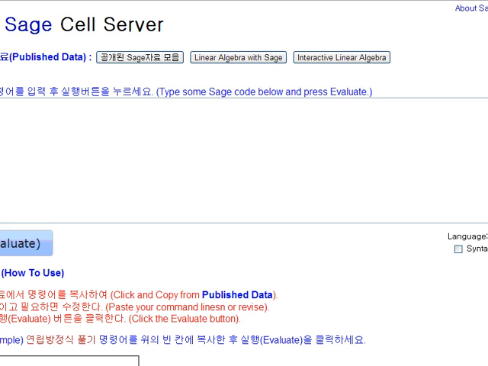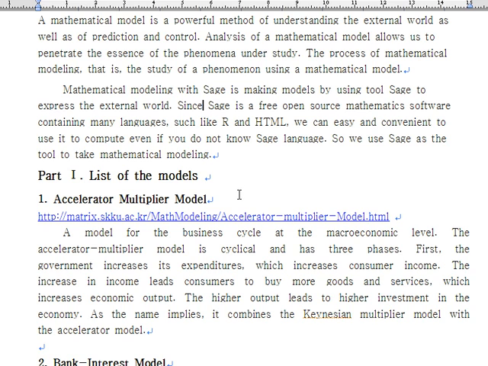It can be used with Python, R and others. So even if you don't know how to type Sage code, you can use other code instead, just on the website. So we choose Sage for mathematical modeling.